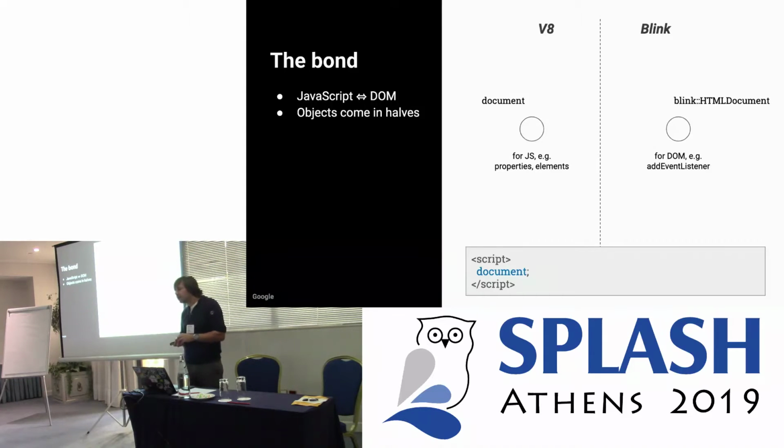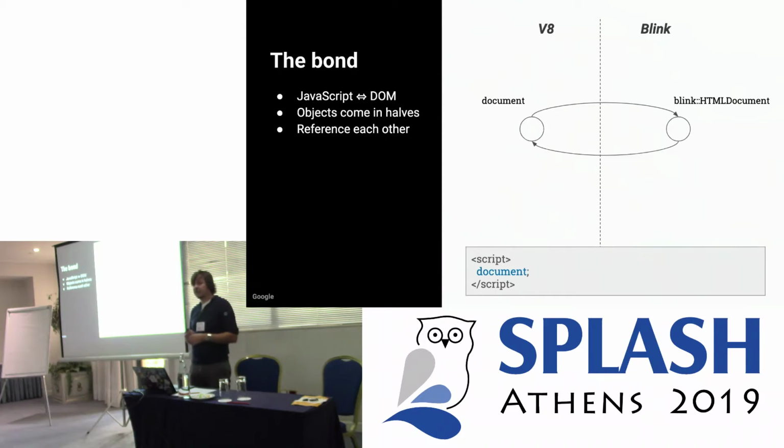There is also a JavaScript world as soon as you access it from JavaScript, which is solely used for JavaScript semantics. So when you think about concepts such as properties, elements, functions, closures, code, and whatnot, all these things are encapsulated on the left side. But on the right side, we have the DOM specification.